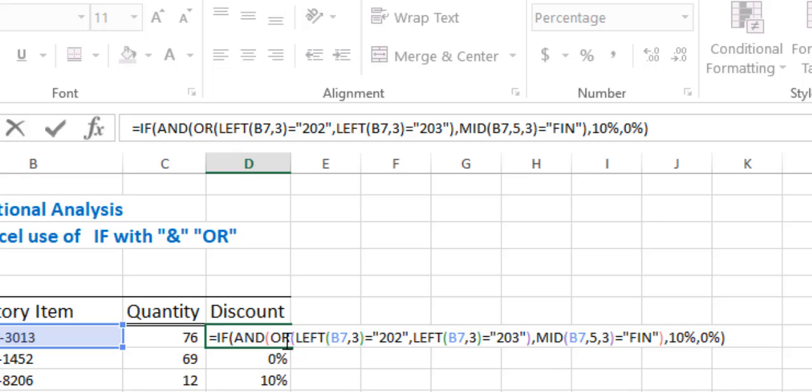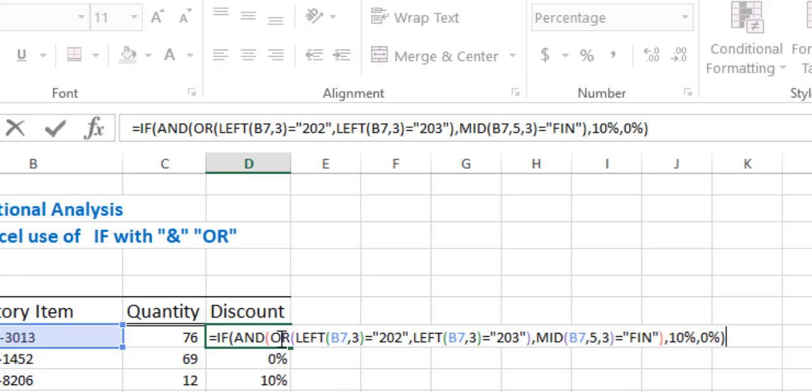So what is this OR doing? We can easily understand that this 202 and this 203, this OR is used for this, because these two conditions are focusing on one place but only with the change of the value.